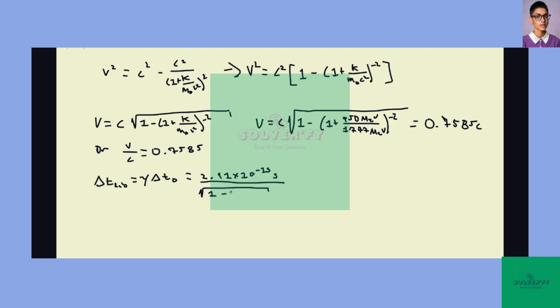That's the gamma term here. Sorry, I forgot, this is v squared over c squared, so this is v over c, squared, with v over c being 0.7585.